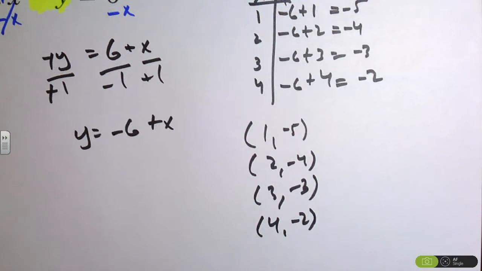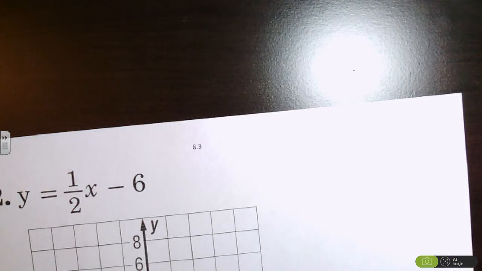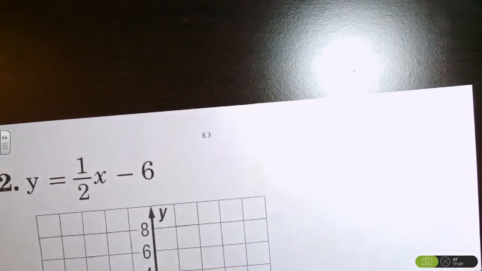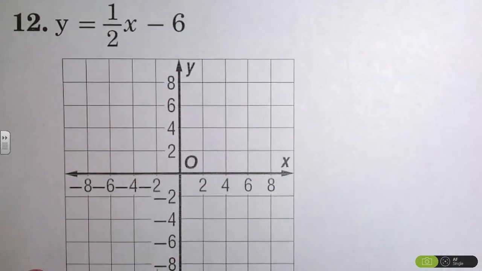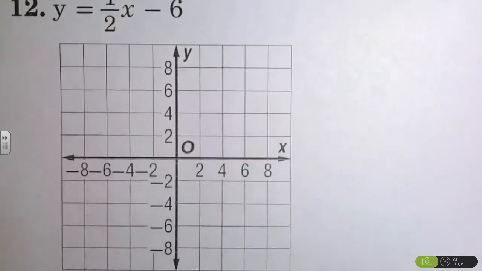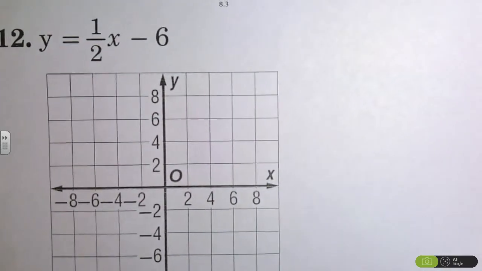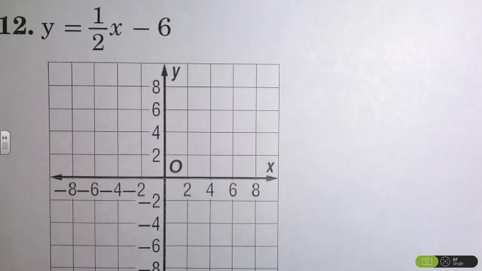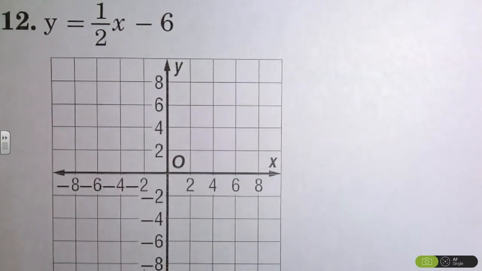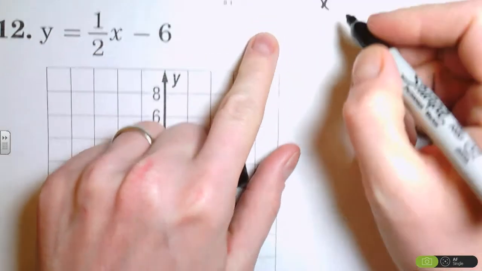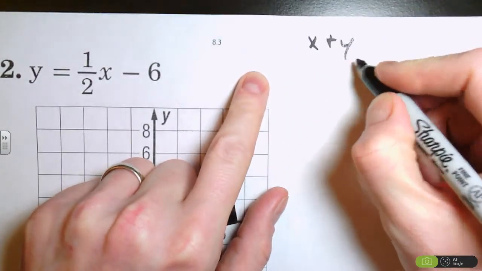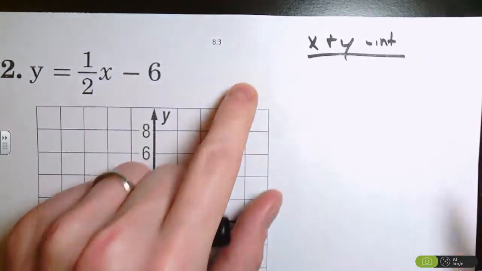Now, number 12 is the last one I'm going to look at on here. There are two things we could do here. In the book for this section, they first had you find the x and y intercepts.